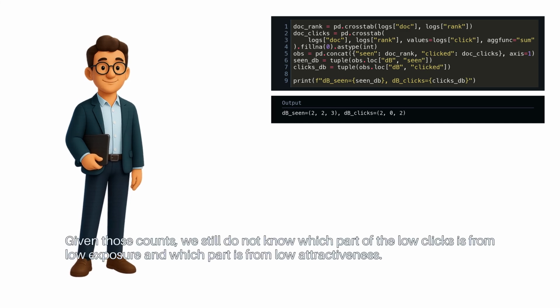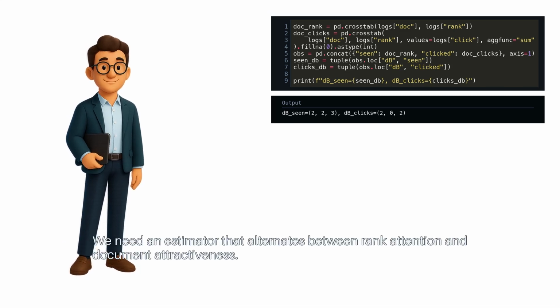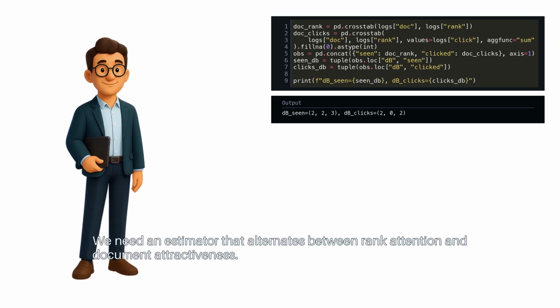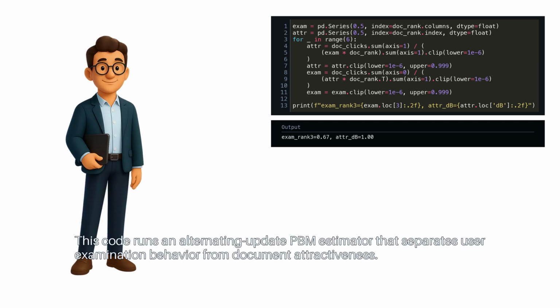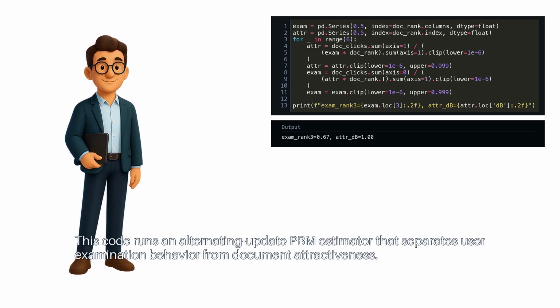Given those counts, we still do not know which part of the low clicks is from low exposure, and which part is from low attractiveness. We need an estimator that alternates between rank attention and document attractiveness. This code runs an alternating update PBM estimator that separates user examination behavior from document attractiveness.